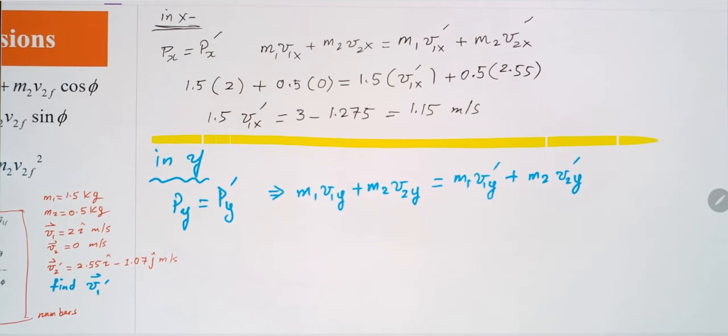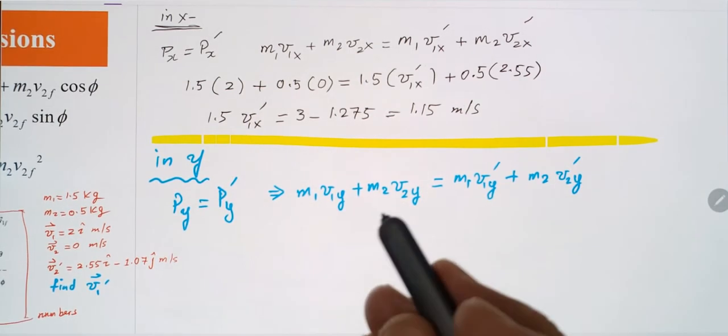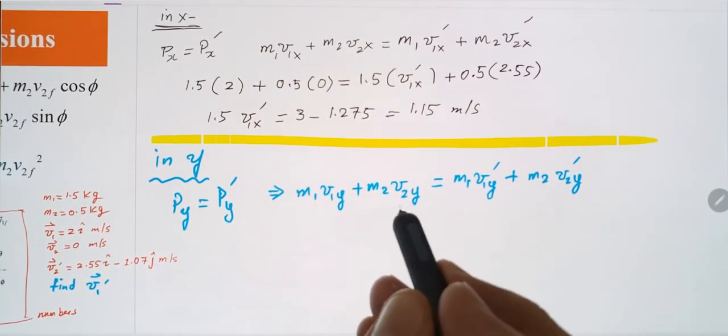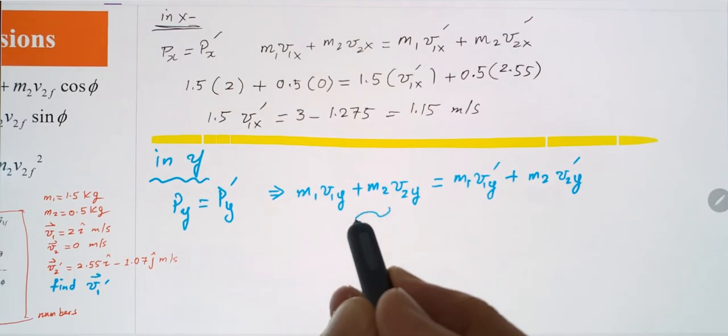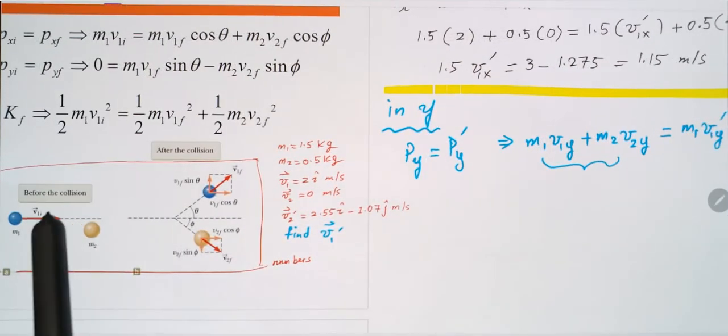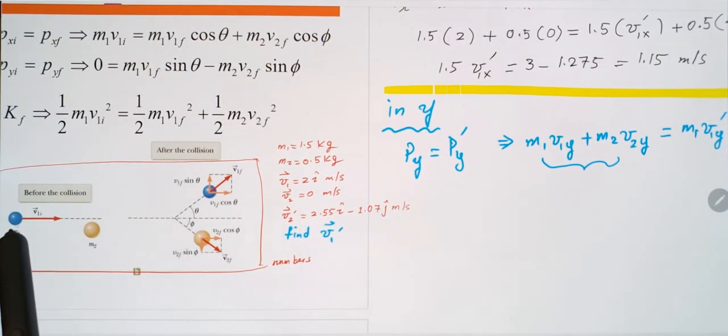Now pay attention to this, we assume that V2 is equal 0. We can have a component for V2, but just to make things much easier. So in the y-axis, the component of V1 in the y-axis was 0.